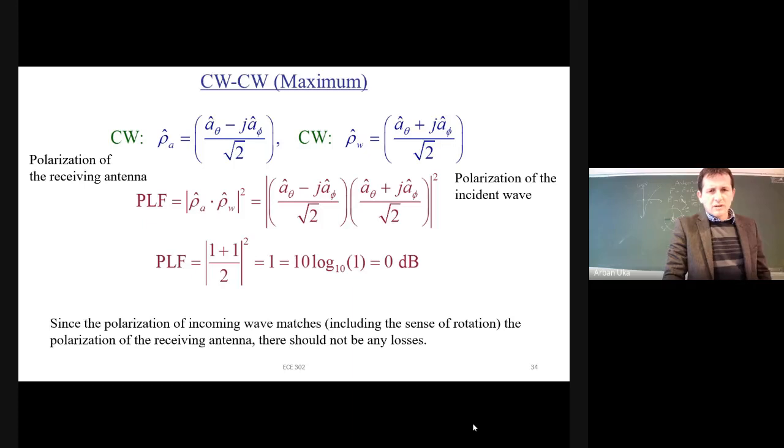One thing we may notice is that at least one of the components is minus j, and the other one is plus j. This is something you might often expect.